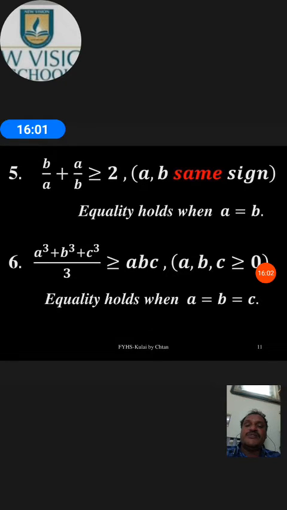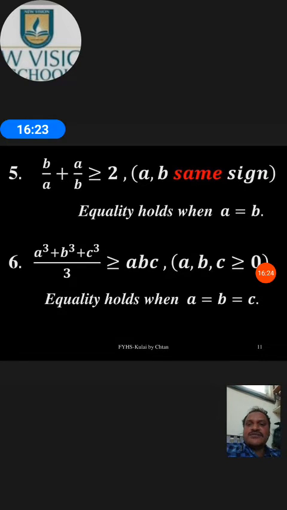a by b plus b by a is greater than or equal to 2. x plus 1 by x is greater than or equal to 2, because the arithmetic mean of x and 1 by x is (x plus 1 by x) by 2, which is greater than or equal to the square root of x into 1 by x.